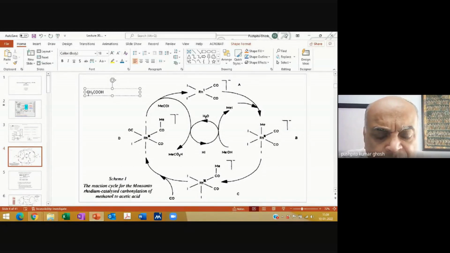And this was one of the greatest processes which was ever made. And it was by Monsanto. It's one of the earliest examples of homogeneous catalysis, organometallic chemistry. Okay, we have learned about homogeneous catalysis when we talked about the chamber process, but these are all metal-based homogeneous catalysts.